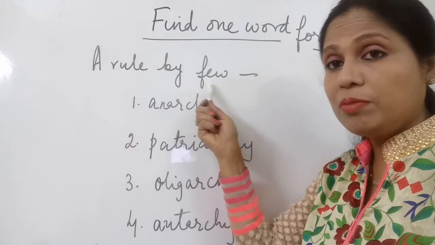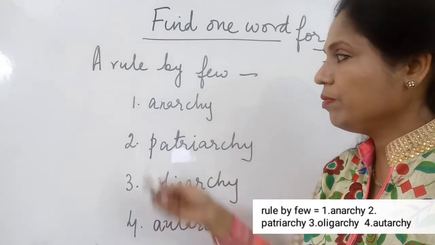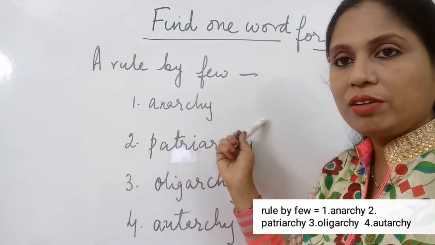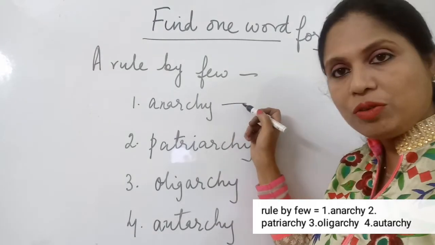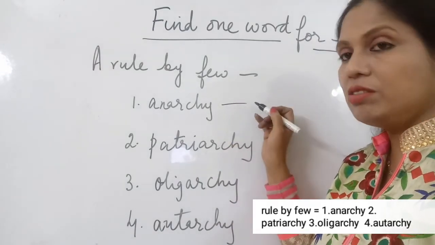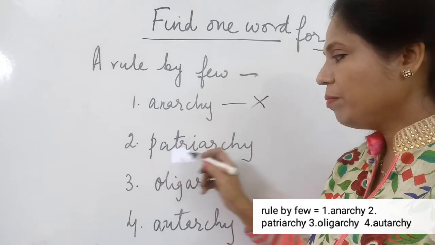Let's find one word for this meaning. A rule by few people. The first word is anarchy. Anarchy means the absence of any ruler or governance or disorder, therefore it can't be my answer.